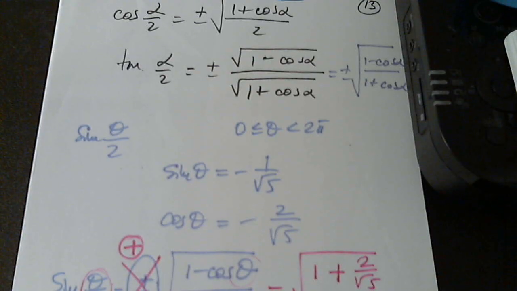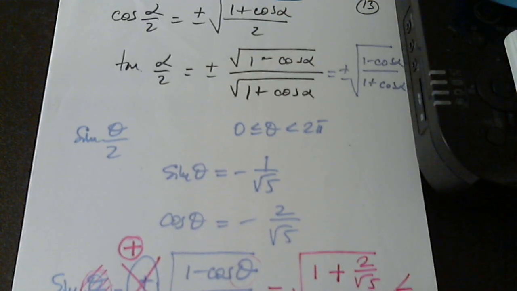I had to divide all three sides by 2, because I want to determine where this is, so that I know whether to choose plus or minus. So I realized that this is in the second quadrant. Then sine must be positive in the second quadrant. So I replaced cosine by this, with minus minus.